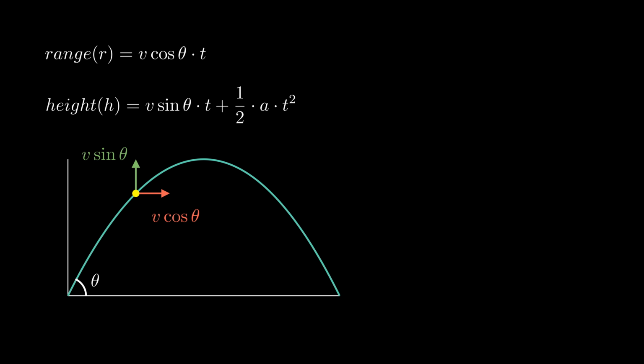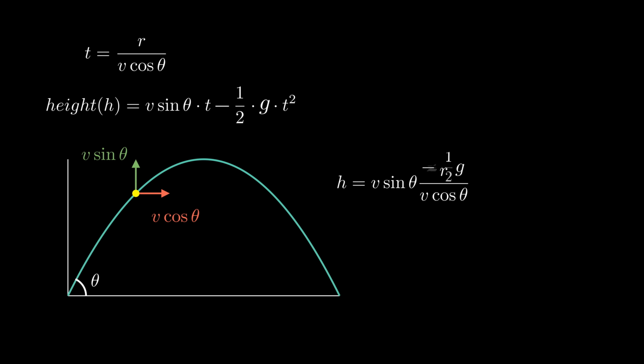Now, since the particle is moving upward and the gravitational acceleration is acting downwards, the value of acceleration will be negative g. From these two equations, if we eliminate time, we will get the relation between range r and height h. So basically, get the value of t from one equation and put it in the other.